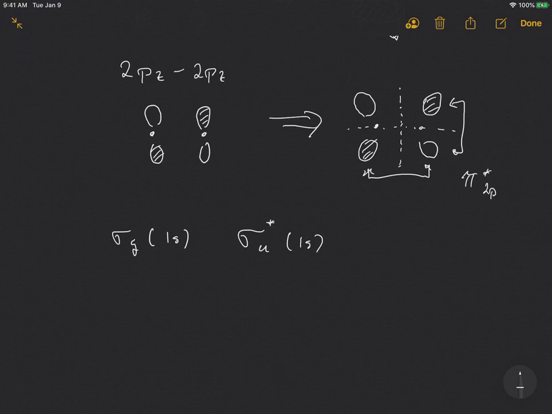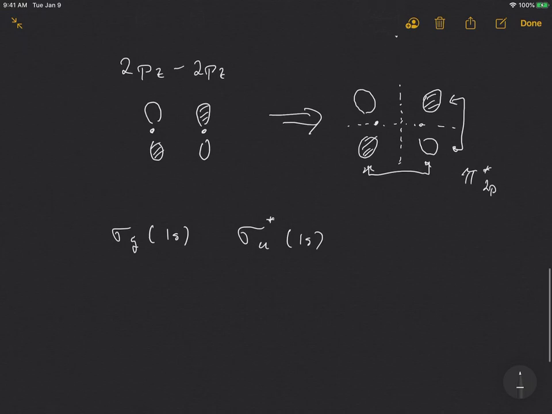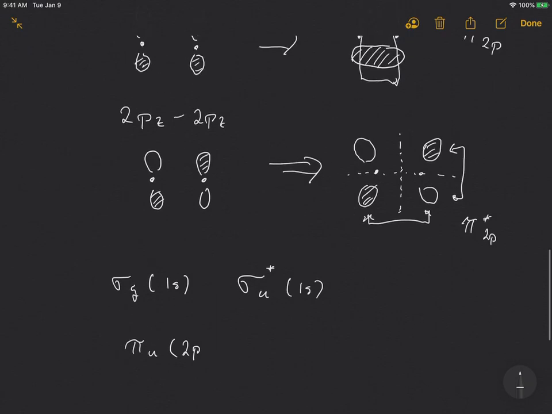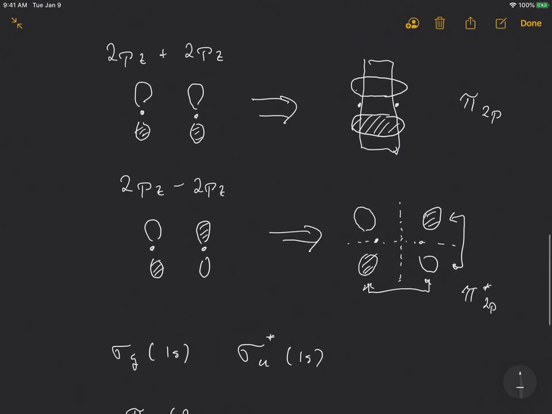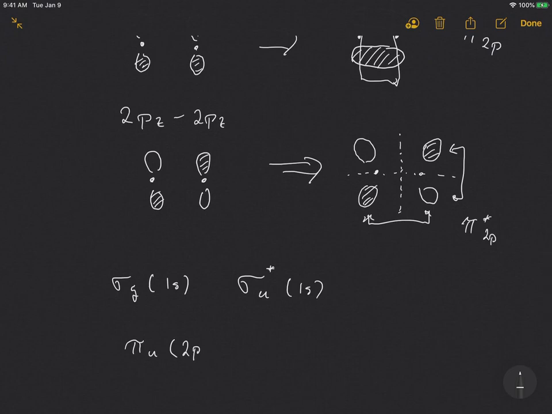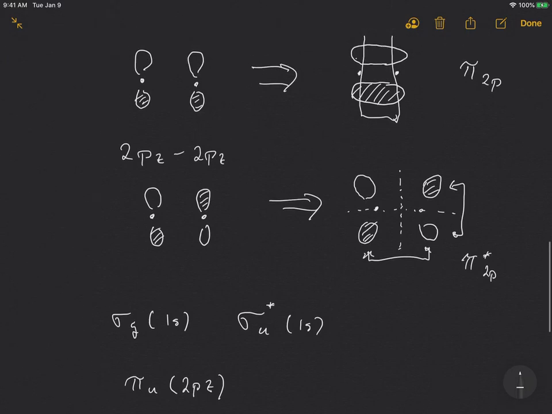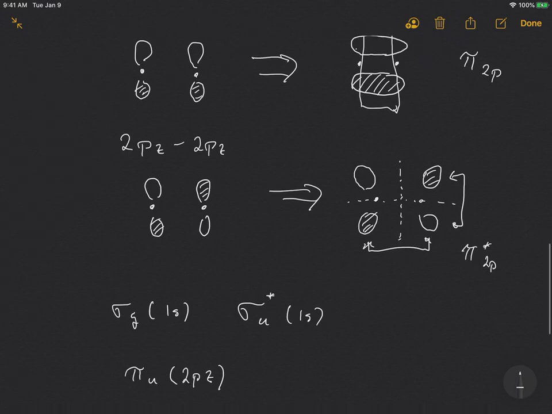So applying that treatment to the pi orbitals, we have pi ungerade, say 2pz. That is our bonding orbital. And it is odd with respect to inversion because, as you see, if you invert along the z-axis, you change the sign.